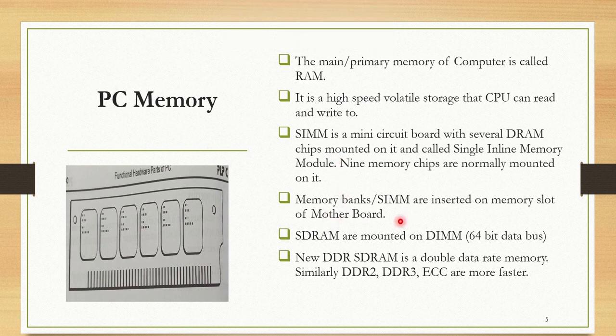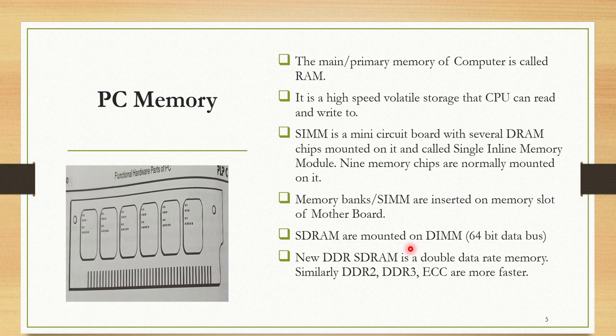Now, the initial computers' SIM cards had SDRAM, that is called synchronous dynamic RAM. But that SIM has a 32-bit data path, so to increase the performance of a computer, DIMs are now used.